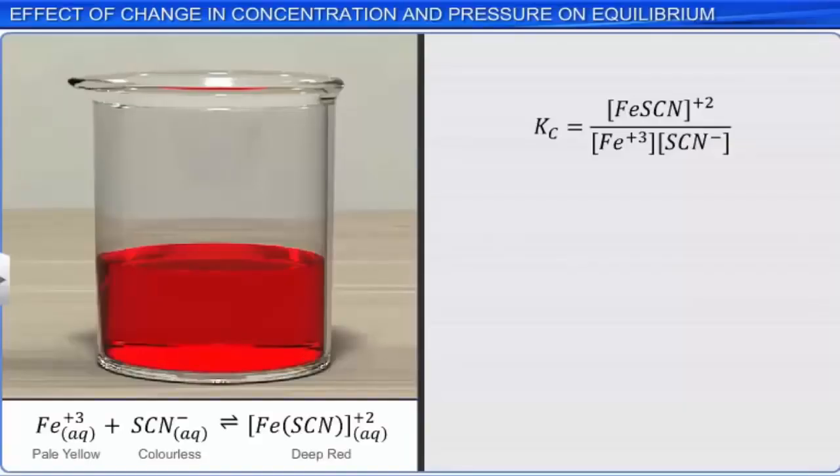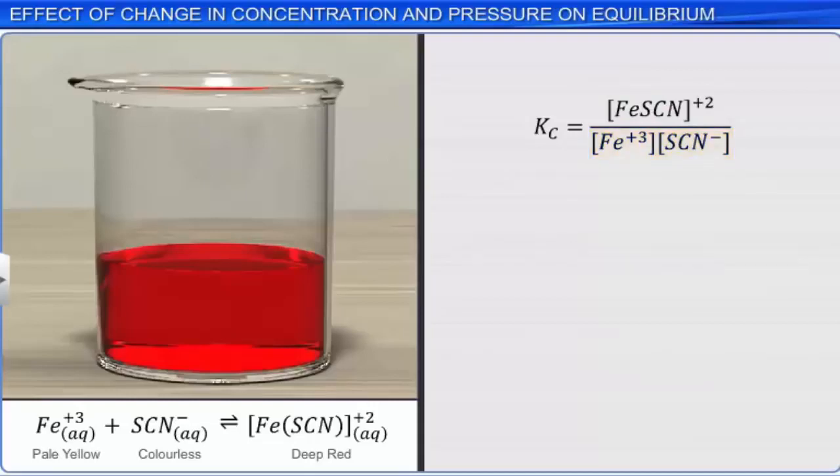The equilibrium constant, Kc, for this reaction can be written as Kc is equal to concentration of FeSCN+2 divided by the product of concentrations of Fe+3 and SCN-.